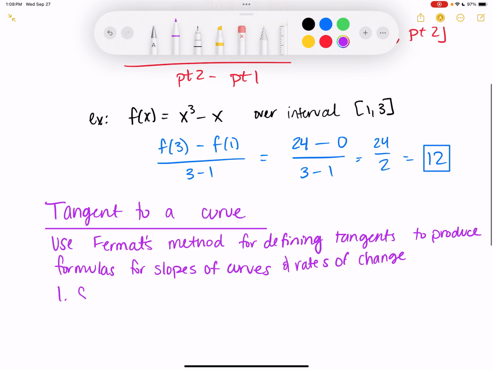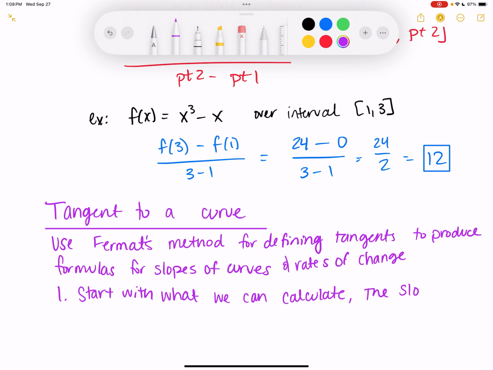So first we start with what we can calculate. The slope of a secant through P, not B, P, and a point Q nearby on a curve.